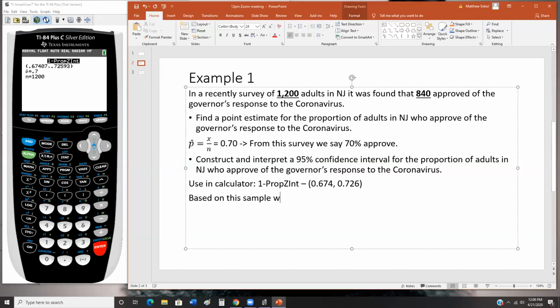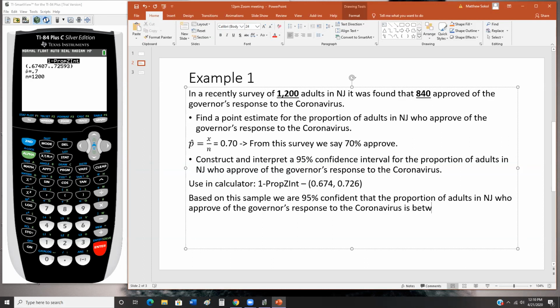Based on this sample, we are 95% confident that the proportion of adults in New Jersey, my great home state, who approve of the governor's response to the coronavirus is somewhere between 0.674, so it could be as low as 67.4%, and 0.726, so it could actually be as high as 72.6%. And that's it. It could be any value in between there.